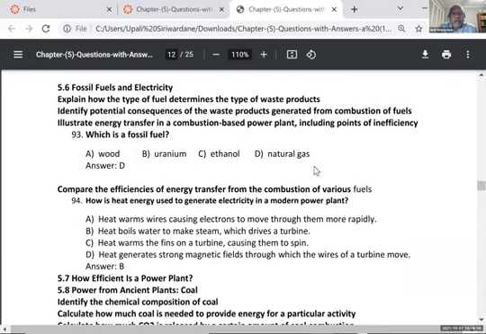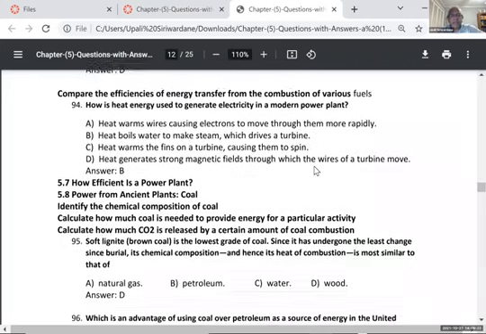Uranium is not either. A fossil fuel is dug from underground deposits. Fossil fuel is buried under the earth. Natural gas is a fossil fuel because we get it from underground. Wood is existing, it's not fossil.